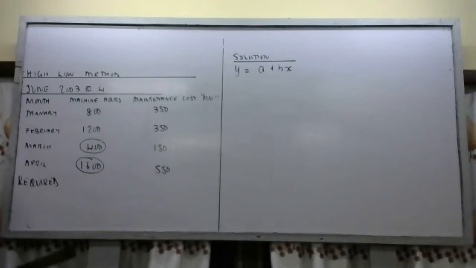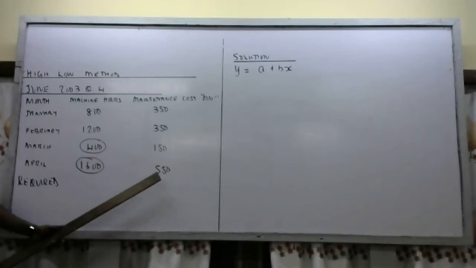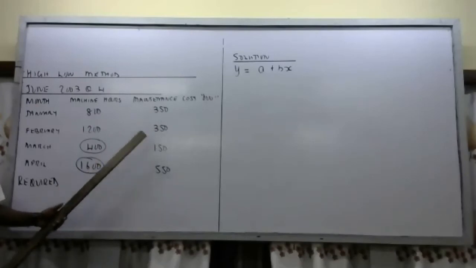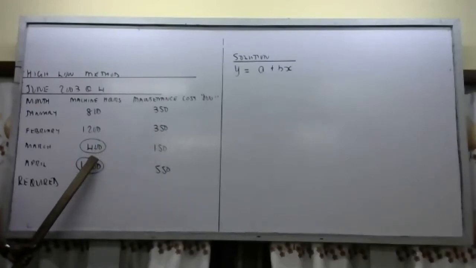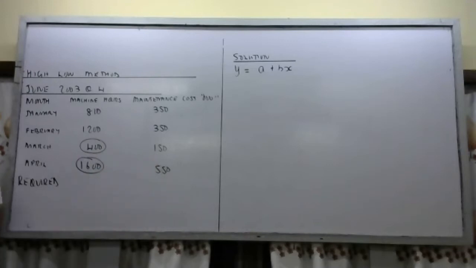Once you identify them, you select them together with their values of y. Although here you can see this happens to be the highest and this the lowest, that's not always the case. We do not select in y. You only select in x. What you have picked in x is the one that guides you what to take in y.